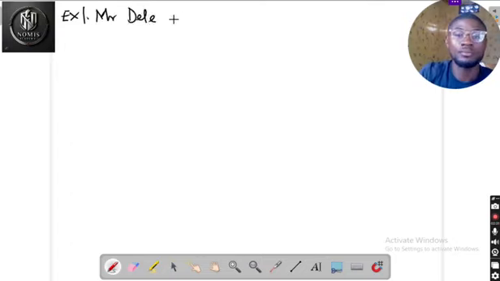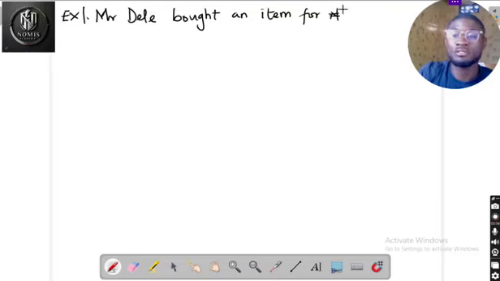Example number 1 says Mr. Daly bought an item, of which the item we are not told, for 7,500 naira, and sold it for 12,500 naira.